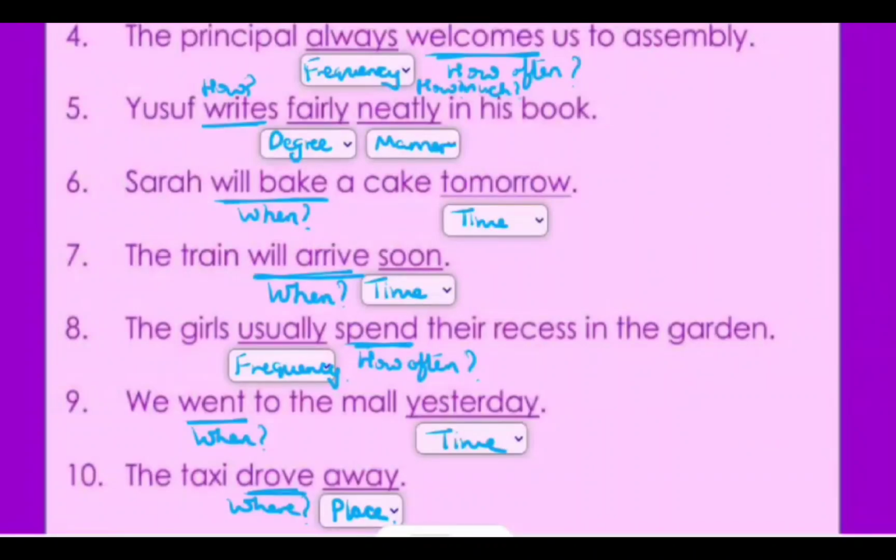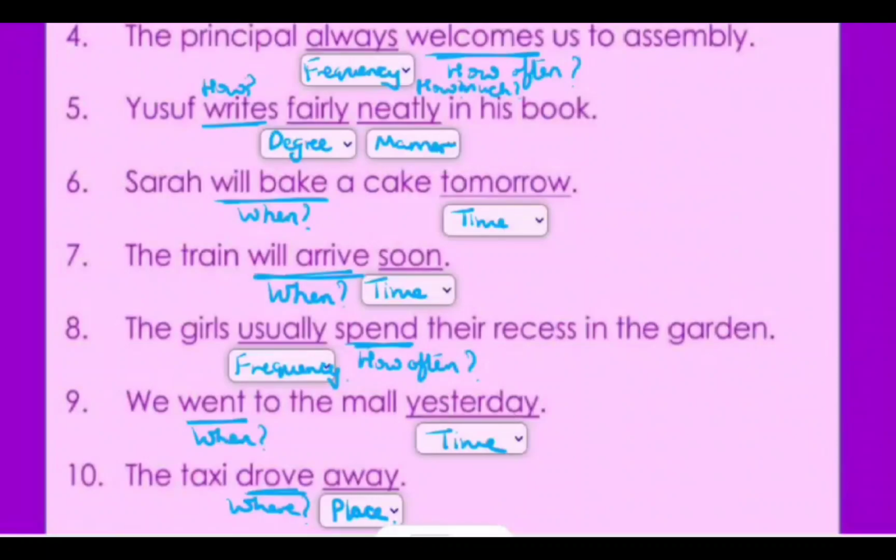Hope children you've got some clarity about how to identify the adverbs by asking the right question. What are the questions? How will tell you about manner. If you get the answer for when, it will be adverb of time. If you get the answer for where, it will be adverb of place. If you get the answer for how often, always, never, usually, rarely, it is adverb of frequency.